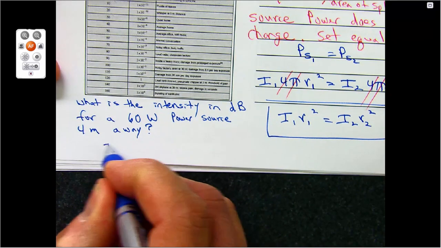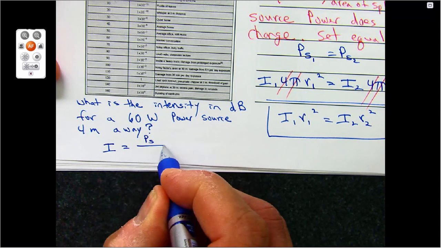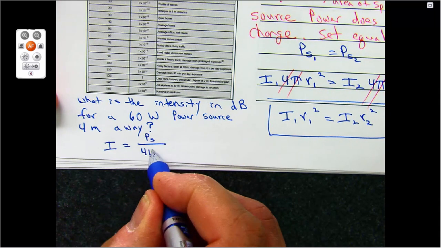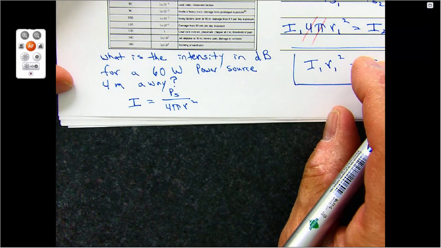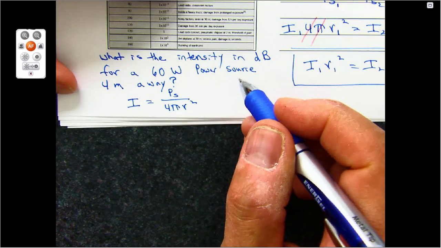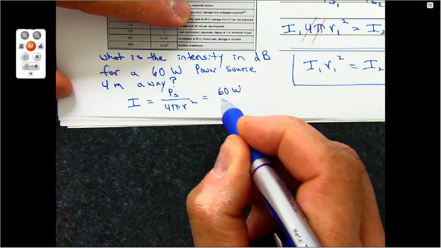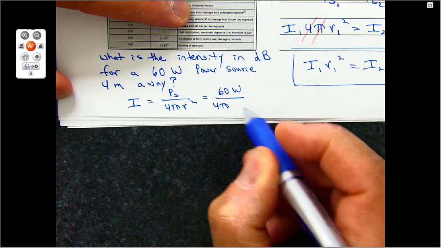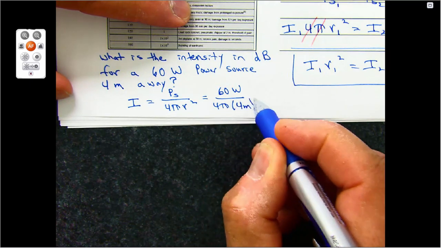So here, our intensity is going to be the power of our source divided by 4 pi r squared. This is going to be 60 watts divided by 4 pi and then 4 meters squared.